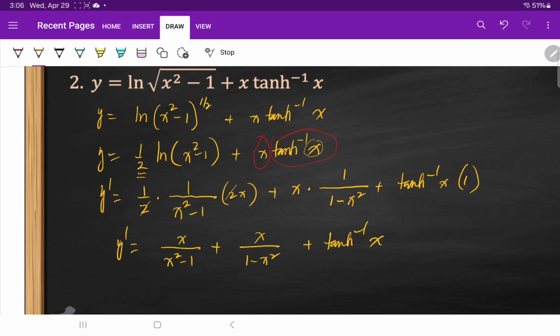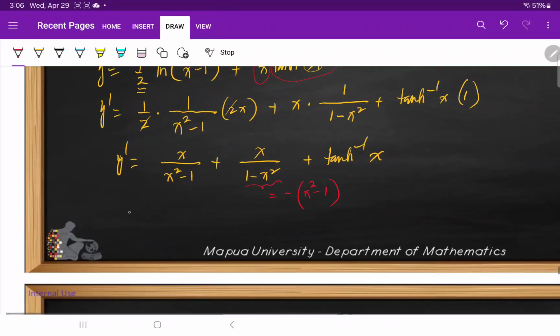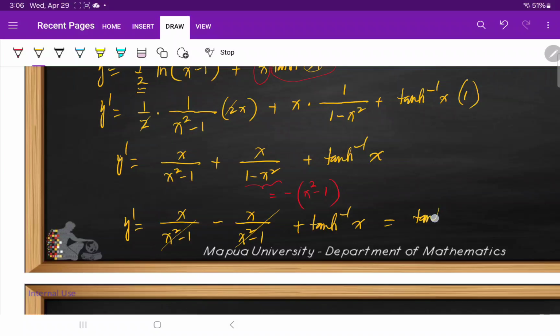But we can write 1 minus x squared as the negative of x squared minus 1. Right? So we'll now have y prime is x over x squared minus 1, then this becomes minus x over x squared minus 1 plus inverse hyperbolic tangent of x. So again, these two cancel out. They're the same. So the result is inverse hyperbolic tangent x.